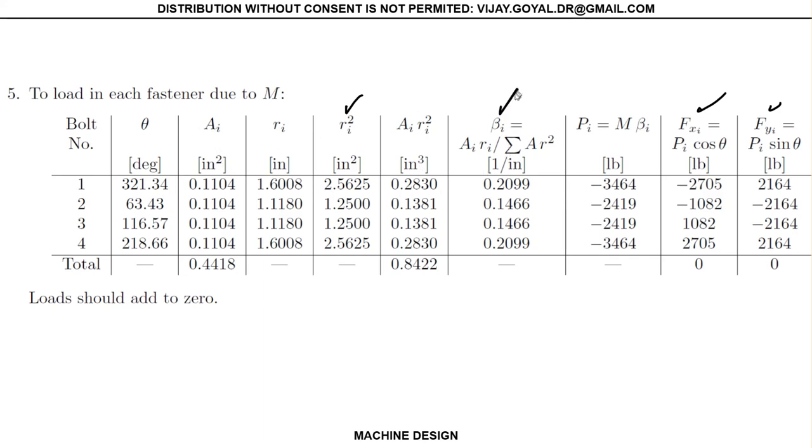Then I call this beta, where you are taking a r divided by a r squared. Maybe there's another item missing here, a i r i. You could also add that, just do it directly. But this is correct. Once you have that, you find your new P, M times beta, that gives you this, and then you just do cosine and sines, and that will give you your directions.